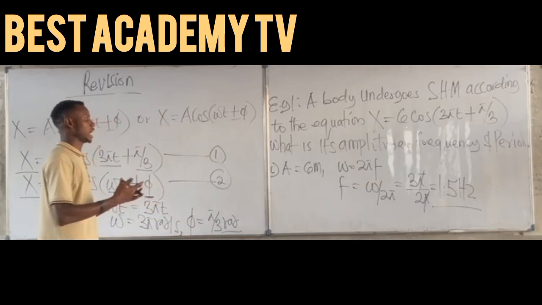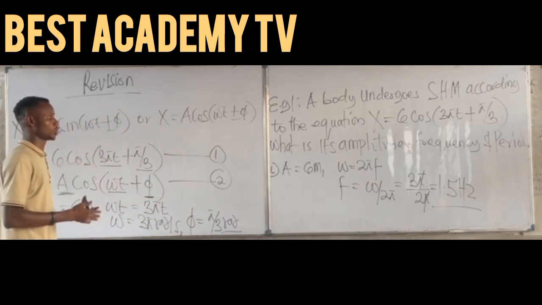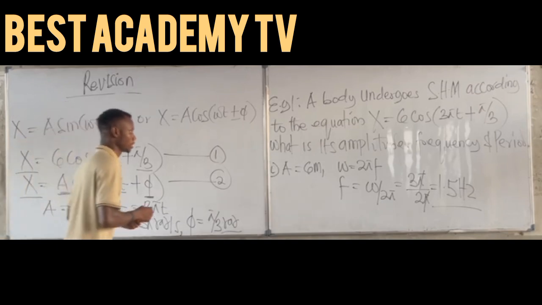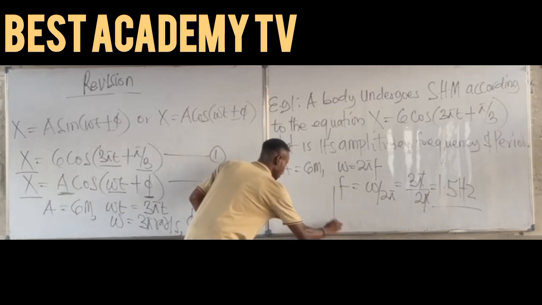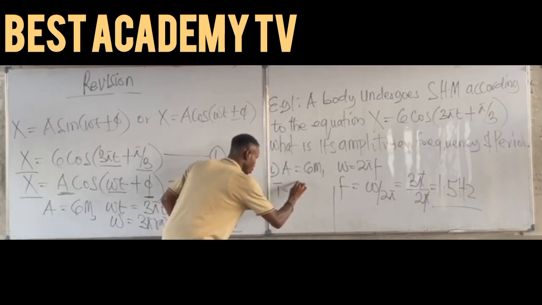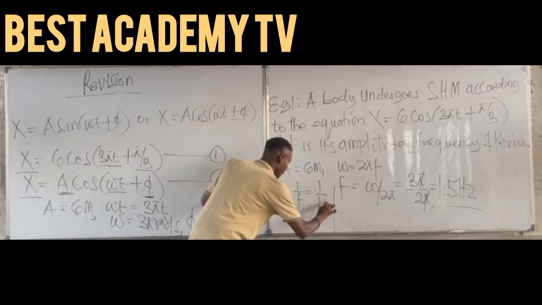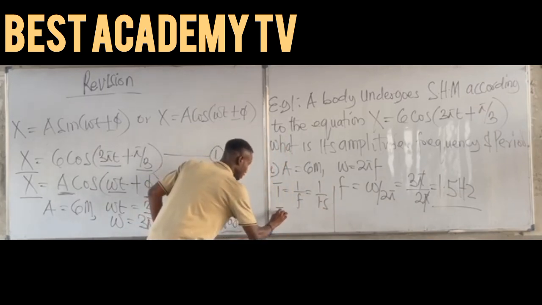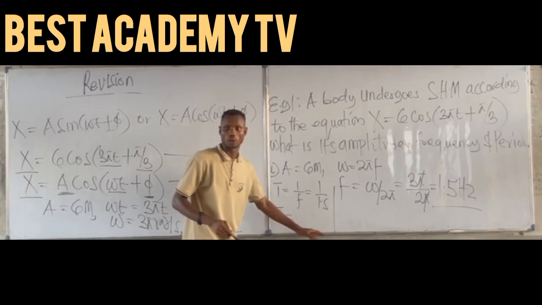Okay, now we have our frequency. So the period here will be very simple, because period is the inverse of frequency. So our period T is equal to 1 over f, replacing this as 1 over 1.5. So T will be equal to 1 divided by 1.5. What is the answer, please?